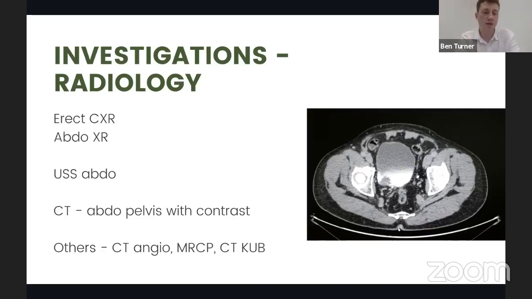So it is worth bearing those in mind. And obviously the ultrasound abdomen is good because it's a no radiation investigation. Can be used for appendixes, but as we'll discuss later, you can sometimes run into trouble requesting ultrasound abdomens for the appendix with radiologists.